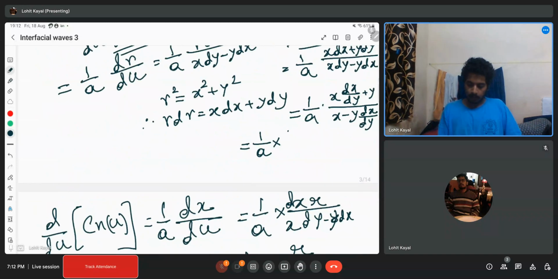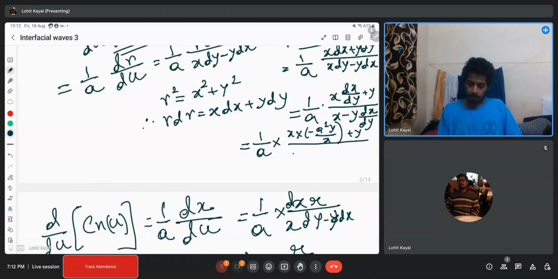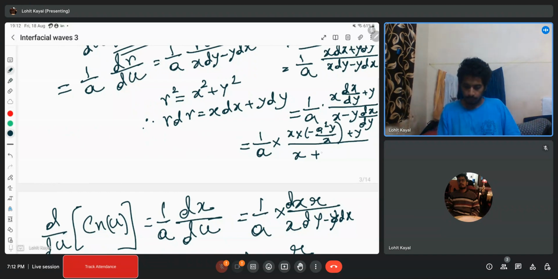Then x into minus a squared times y by x, plus y by x, plus a squared y squared by x.